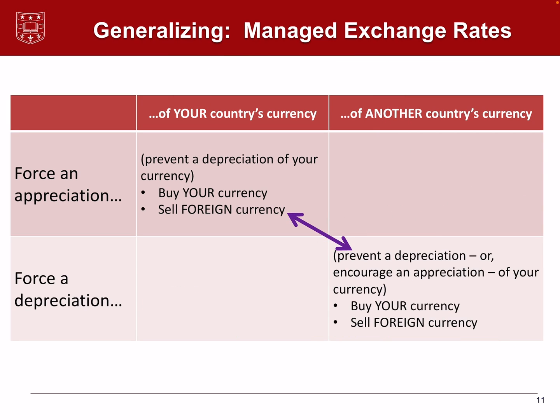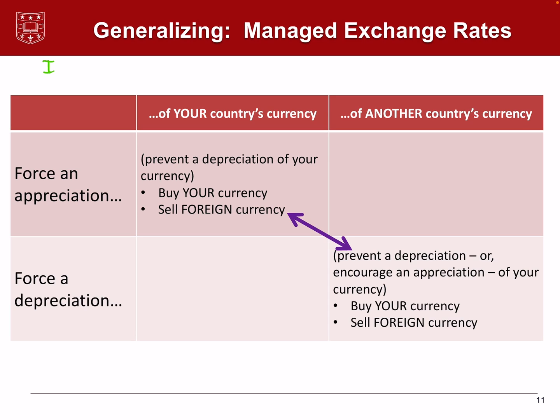Similarly, just to take the other side of this, suppose you're in a country and you want to force an appreciation of your country's currency. That is going to be the same thing as forcing a depreciation of another country's currency.